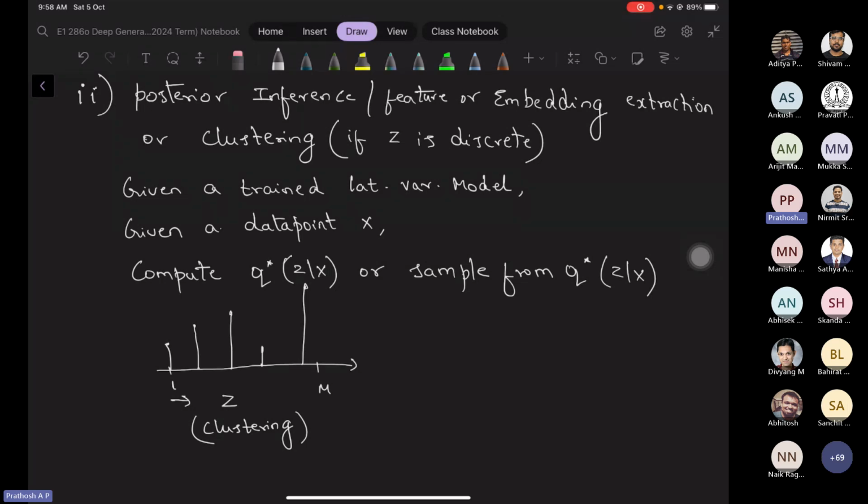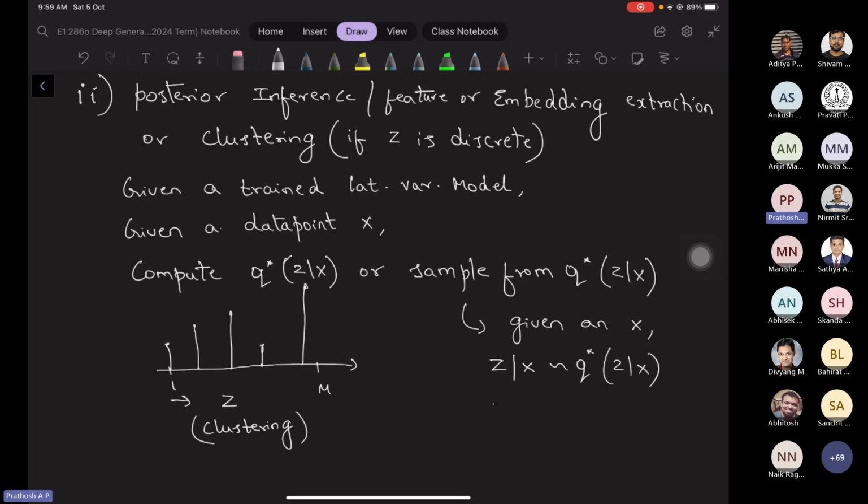Now if z is continuous, then given an x you find a z given x, which is a sample from q star of z given x.